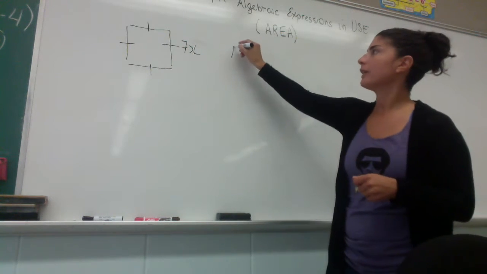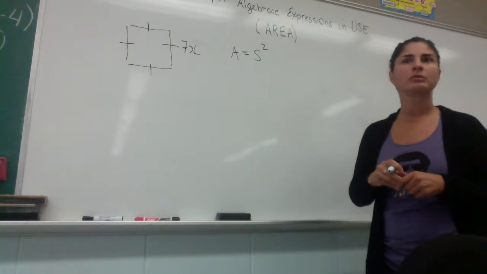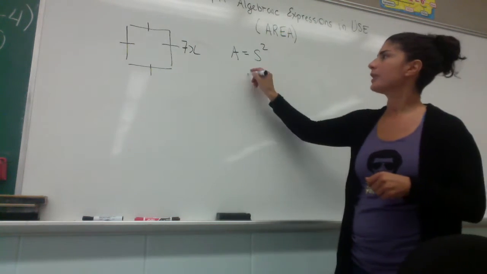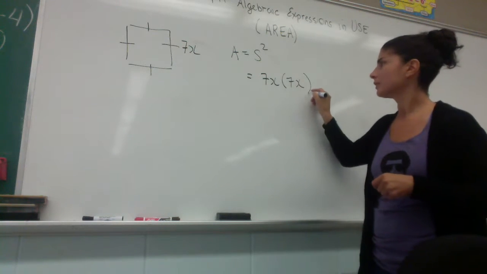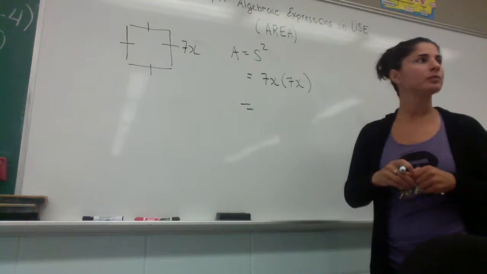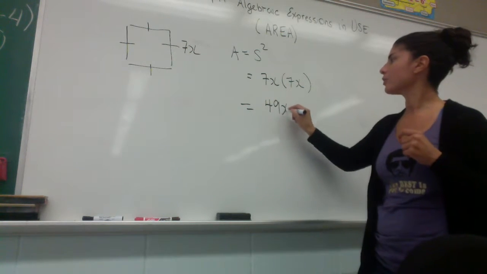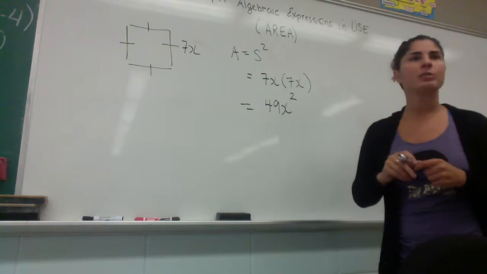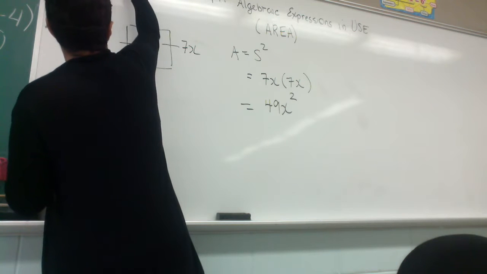So again, it's still area equals side times side, side squared. So you would get 7x times 7x. That would equal to? Exactly, 49x squared.